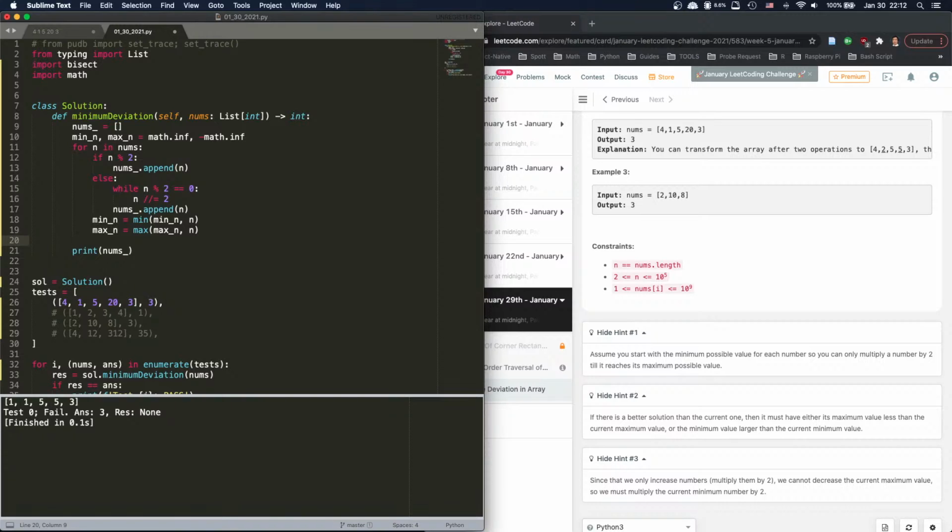We need to know the position of the mean value. Well, then there will be a new mean value, right? Okay, I double it.